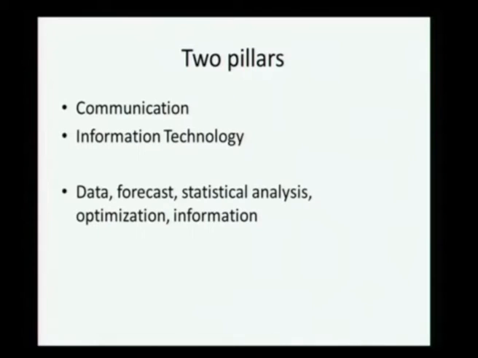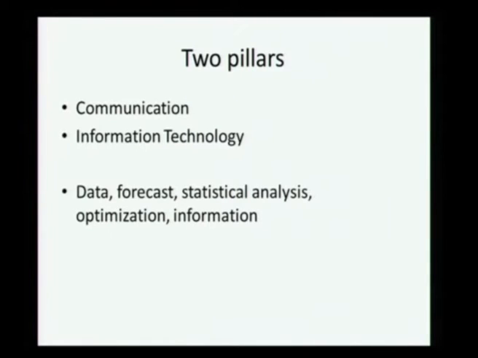There are additional advantages other than speed, which we will see as we move along, but the most important aspect is the speed with which data is obtained, and the speed with which we are able to communicate, either through the net or through telephones and other media of communication. So the 2 pillars are essentially communication and information technology.